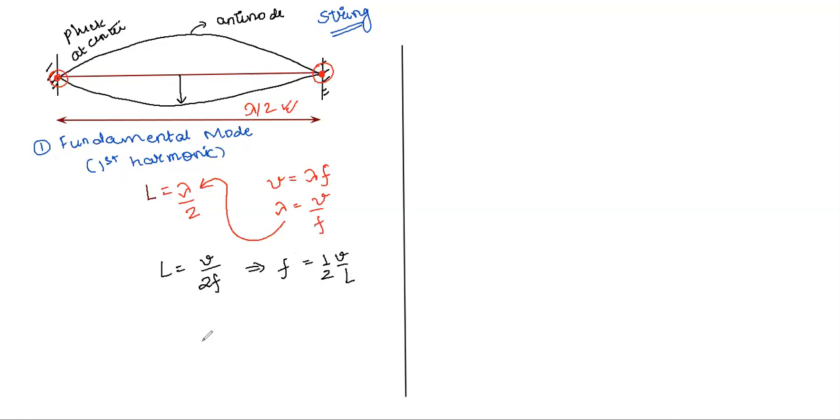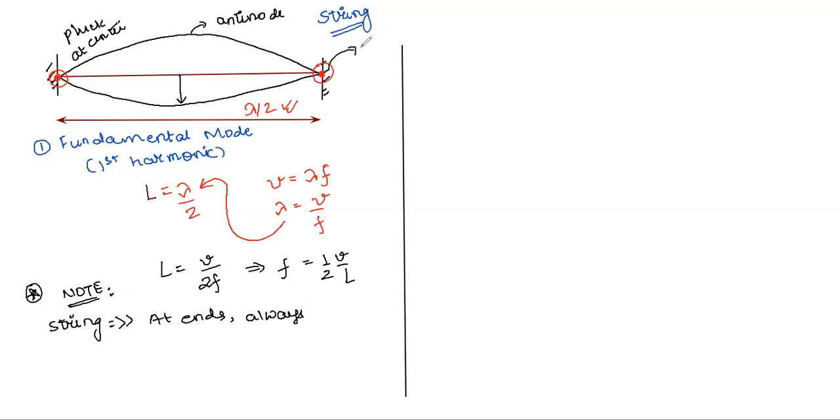So let's see one more understanding of it. What is the second pattern of wave which can form? So in case of string, you should remember a few things. Take this as a note. At the ends, always nodes will be formed. Why?